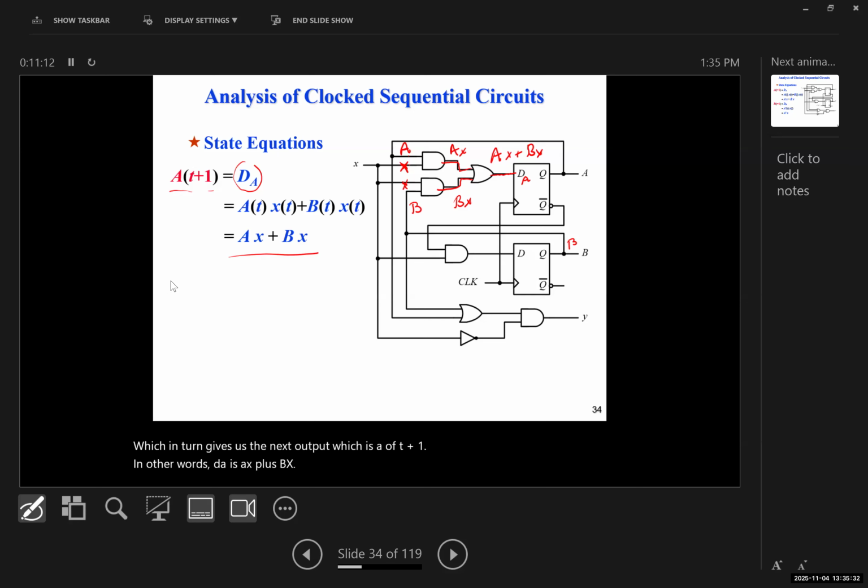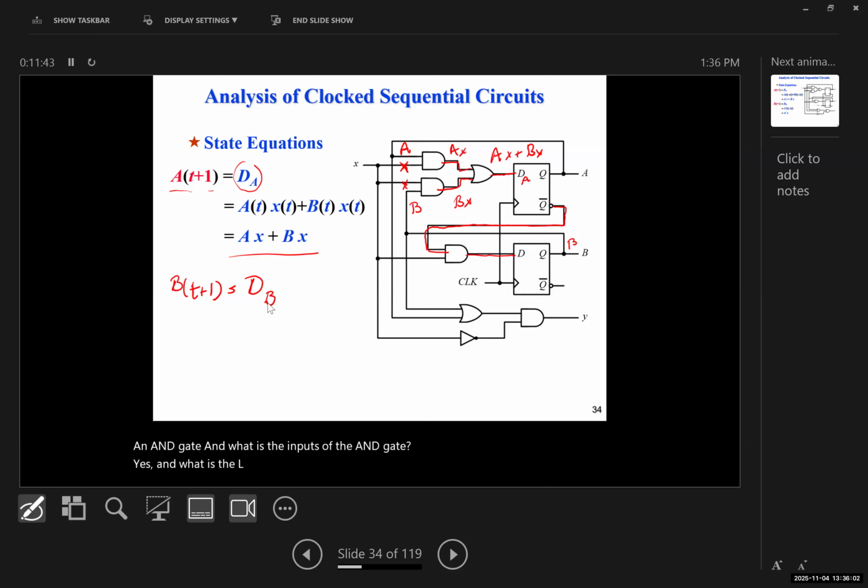Now, what if I want to write B of t+1? Can you help me with that? B(t+1). So this is equal to DB. Am I correct? Now, what is DB connected to? An AND gate. And what are the inputs of the AND gate? Yes. And what is the other one?